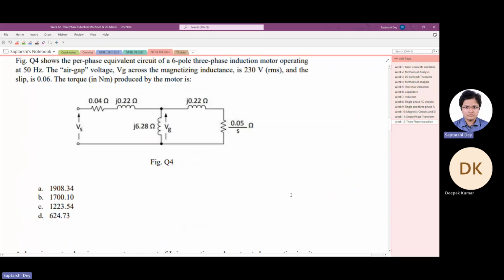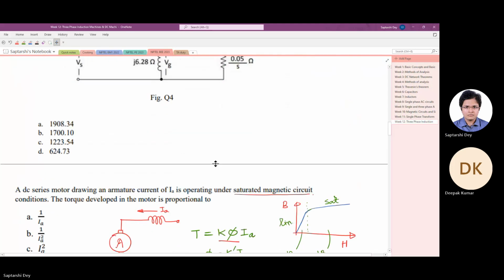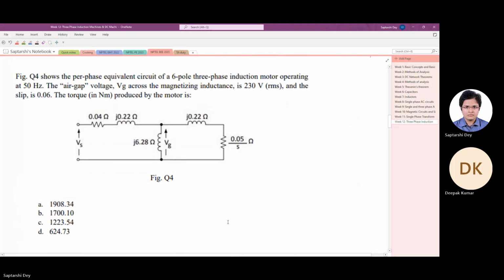Last question for today and this session and this year. And this course. So the figure shows the per phase equivalent circuit of a 6-pole 3-phase induction motor.